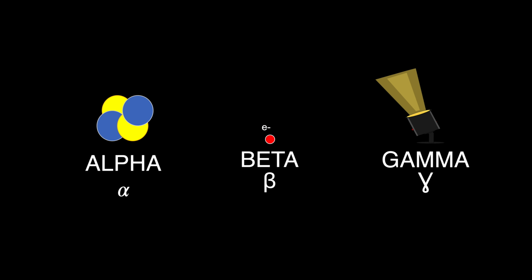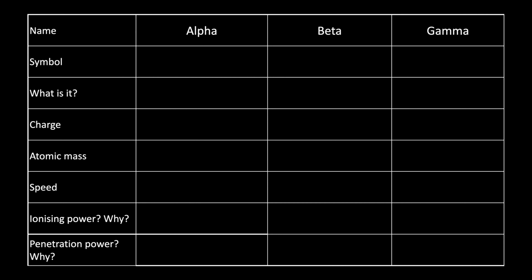A beta particle is simply an electron. And gamma is part of the EM spectrum. Based on our chemistry knowledge, we should be able to fill in the first 4 rows of our table. Pause the video and try and fill it in.